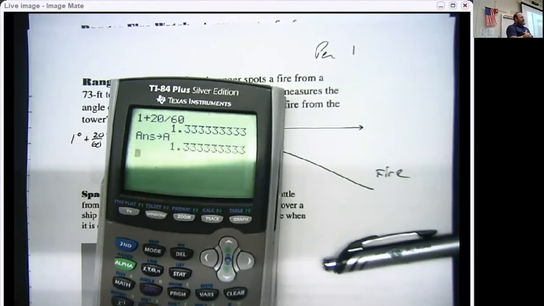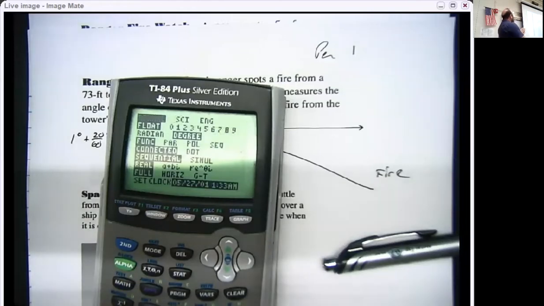And notice, is this in radians or degrees, as the problem is phrased? It's definitely in degrees because it says so. So let's make sure that in our mode, we change into degrees. Now, every year I have a few students that find themselves partway through the test, and then they panic. Oh, crap, my calculator's been in degrees this whole time.